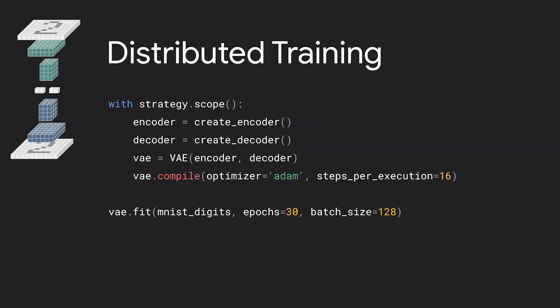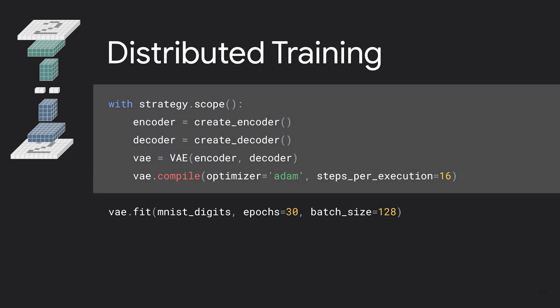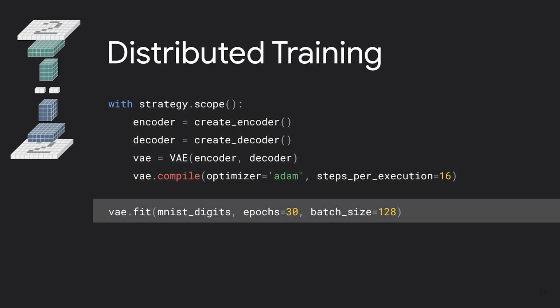To use the distribution strategy, open a strategy scope and instantiate your model. We used the VAE implemented previously using the Keras subclassing API, but it would work just as well for the functional or sequential versions from earlier on. And that's it. When you call model.fit, your model is now training in a distributed fashion on multiple accelerators.